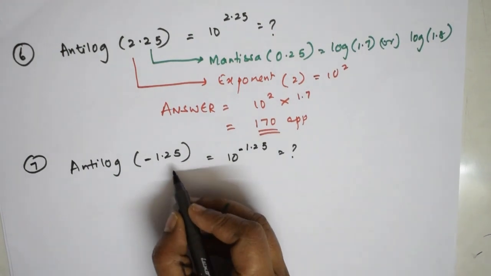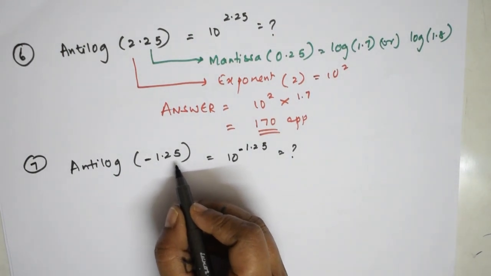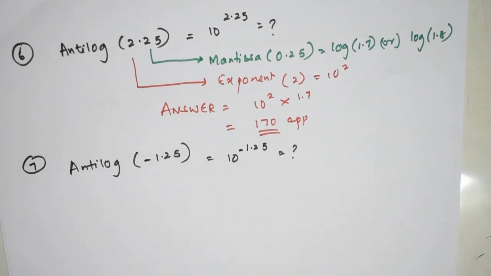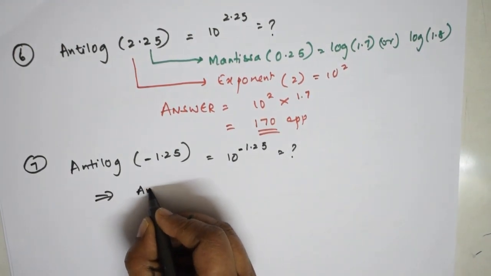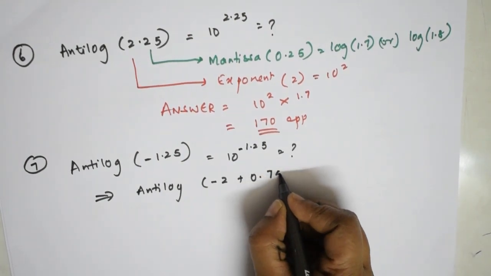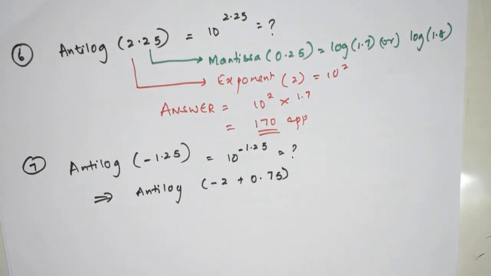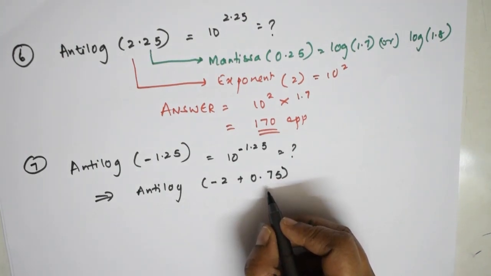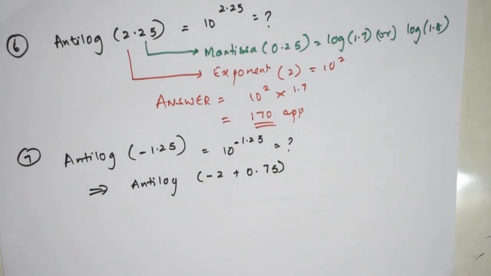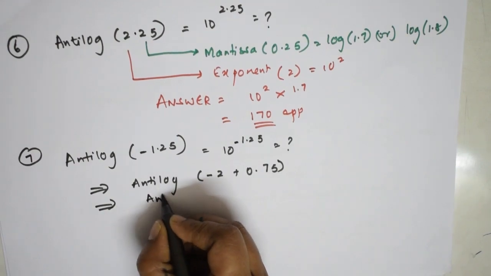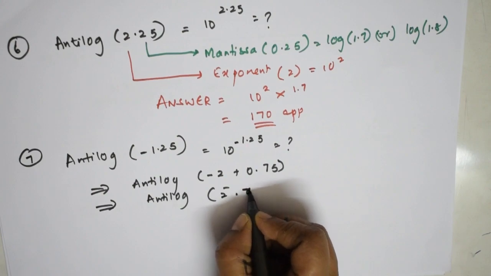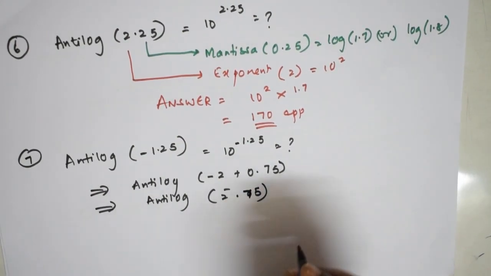Before that, important: a minus value is there, so minus 1.25 can be written as antilog of minus 2 plus 0.75, correct, students? It's nothing but antilog of 2 bar 0.75.